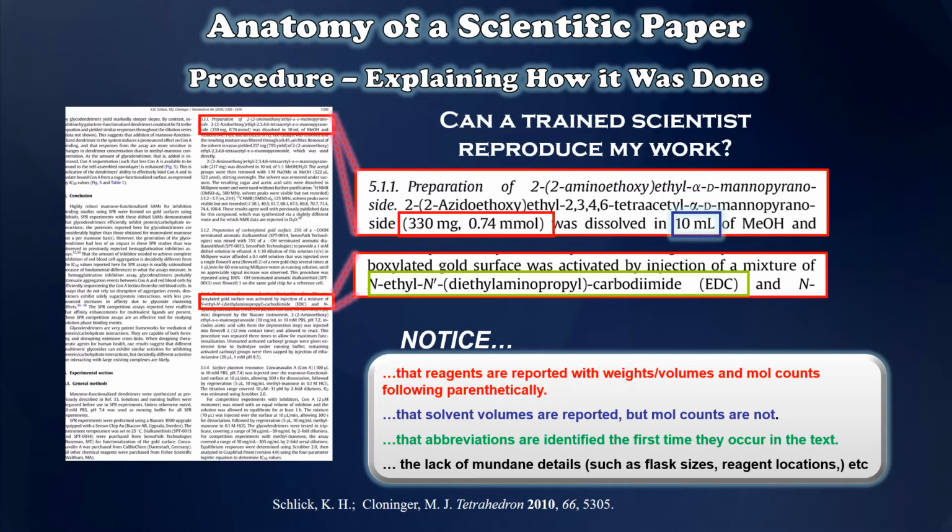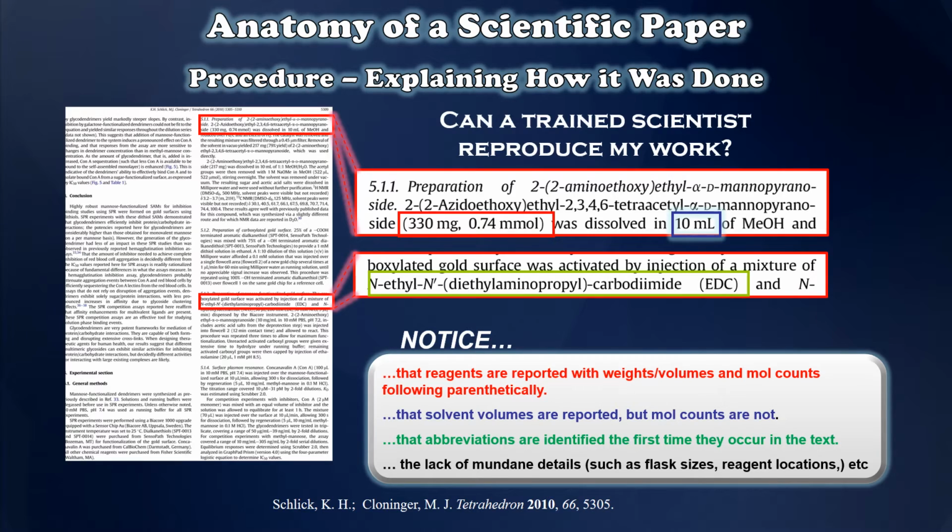So they write the full name of the compound out, then parenthetically state the abbreviation they'll be using for the rest of the paper. And from this point forward, they can simply refer to it as EDC. This will save a tremendous amount of space in the paper if the author is going to cite this particular reagent over and over again.